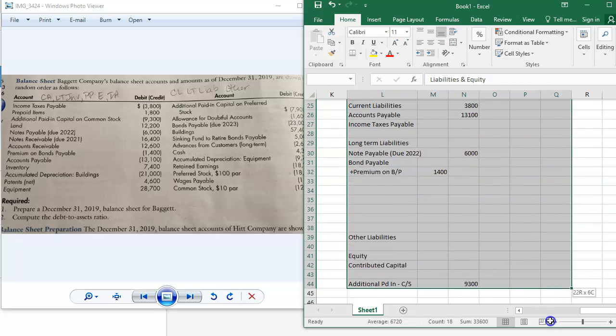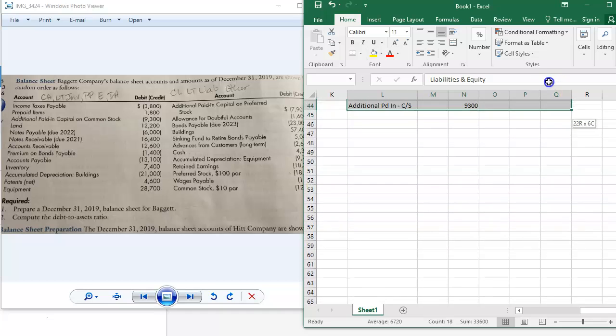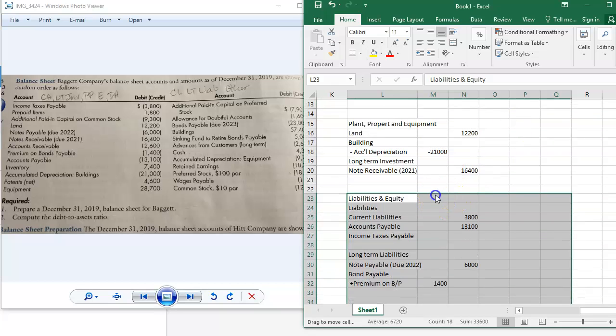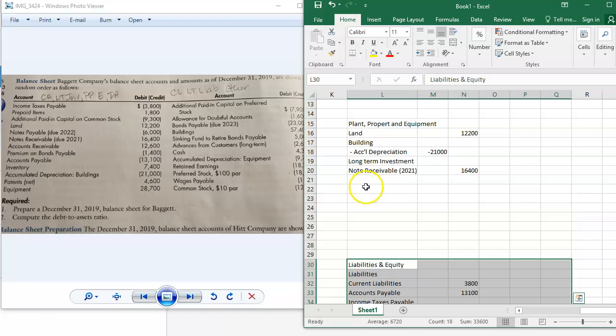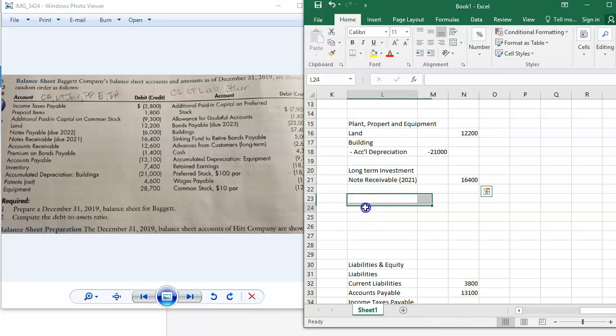So let me move these guys down. It's going to be 4,600. Then I have some equipment. That is plant, property, equipment.